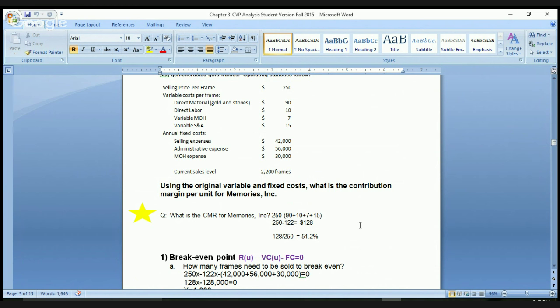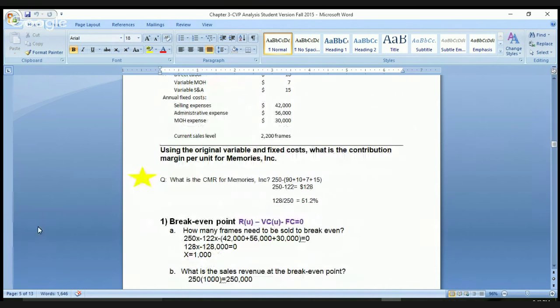Now, how do I figure out my break-even point? Remember the formula for break-even: sales minus variable costs minus fixed costs has to equal zero. So here's the formula that we set up. 250x, where x represents the number of frames I'm going to be selling, minus 122x, since the sum of all my variable costs was $122, minus the sum of all the fixed costs.